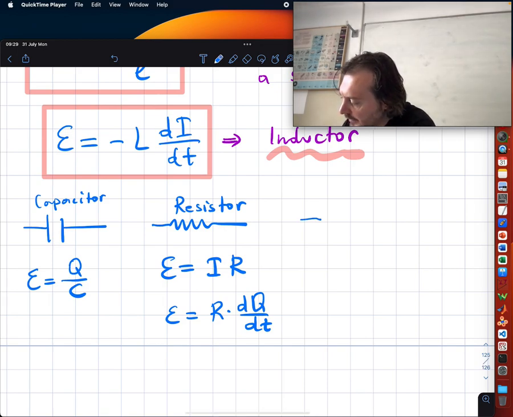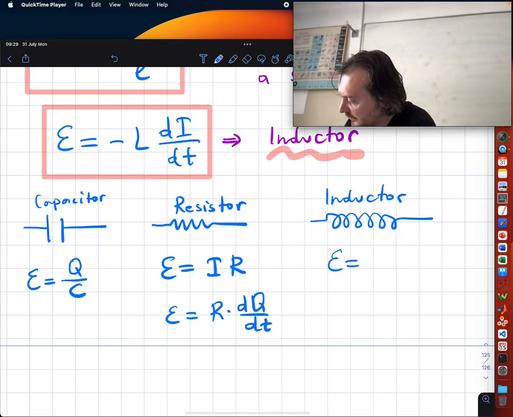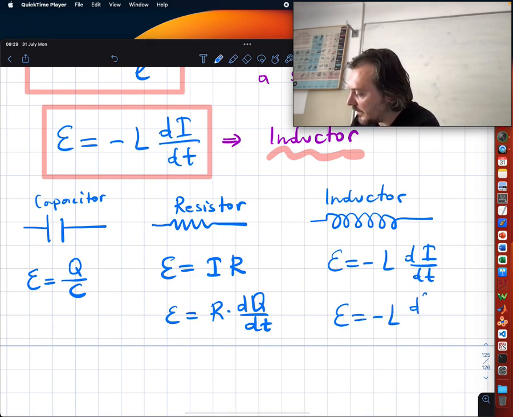Finally, now we have an inductor. For the inductor we have just written this law, di over dt, and that corresponds to minus L times d squared q over dt squared.